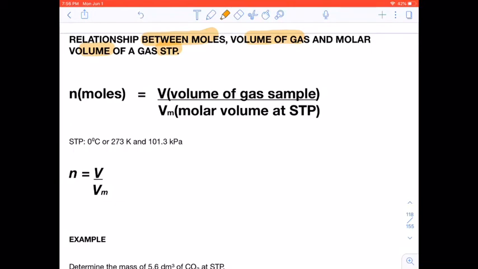Here we have this relationship: number of moles is equal to the volume of a gas sample divided by the molar volume. STP is 273 K or 0 degrees Celsius, and the pressure is 101.3 kilopascals, or 1.01 times 10 to the 5 pascals.